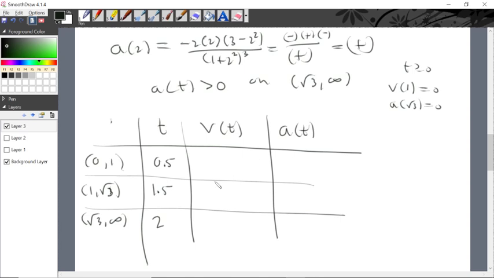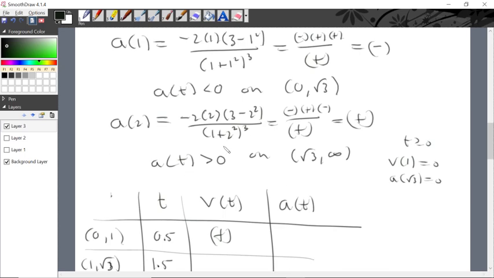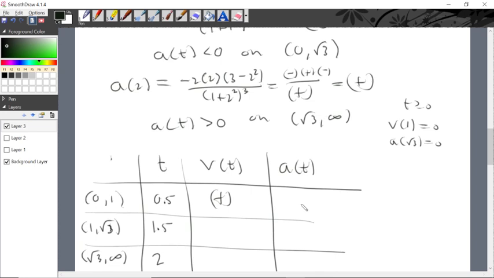On the interval from 0 to 1, we found that the velocity was positive. We did that work previously. And we found that the acceleration was negative from 0 to root 3, so the acceleration is already negative from 0 to 1. So they are different signs here.